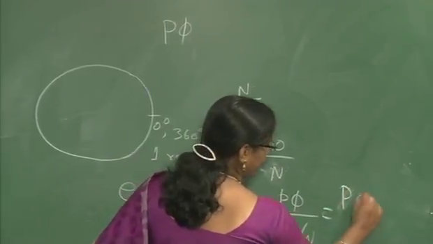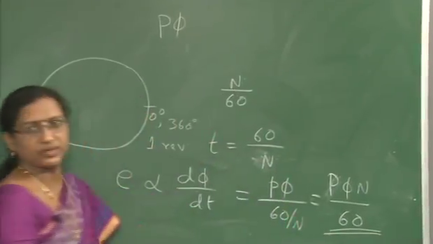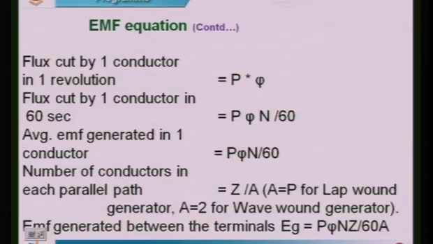P phi N divided by 60. This is how you get P phi N divided by 60. The average EMF induced in one conductor is now P phi N divided by 60.